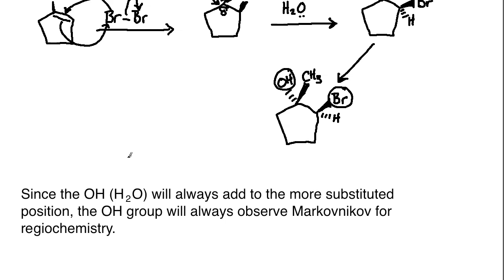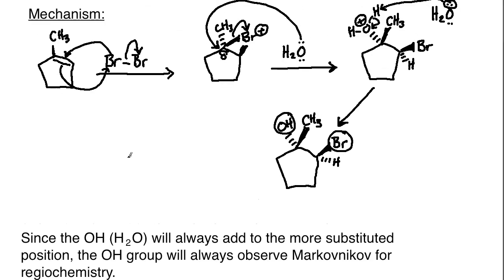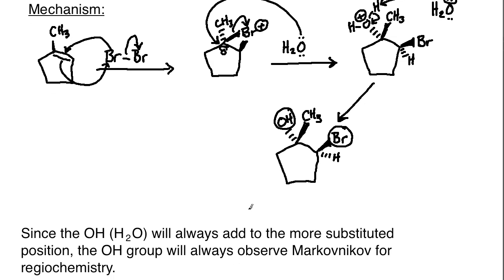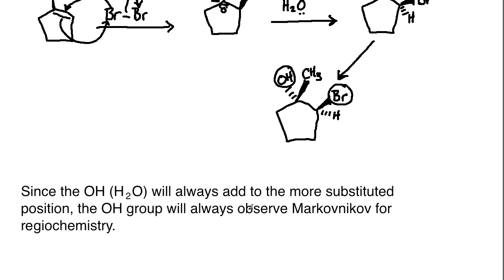I'm pretty much done here because, again, if you have studied the dihalide reaction, this is very similar other than that final step, which involves the water coming in and then the alcohol being delivered in this final step here. Okay, so anti-stereochemistry 100% of the time, and the alcohol will always land in the more substituted position, making it a Markovnikov result for the regiochemistry.